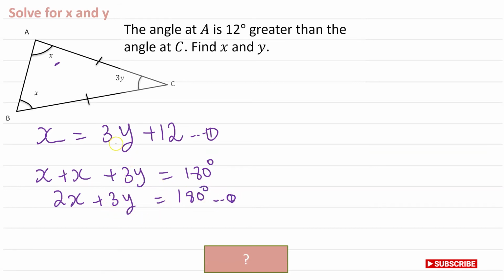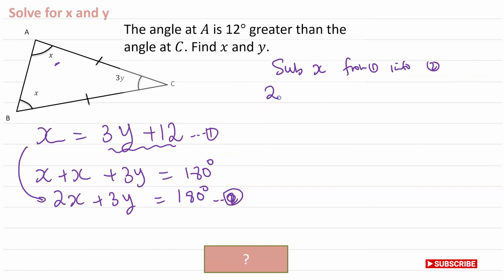I just need to rearrange this one. Oh, actually, I'm just going to use x into here. Okay, so we can now say sub x from 1 into equation 2. So we called this one equation 2. So x is whole thing here because we just want one variable.